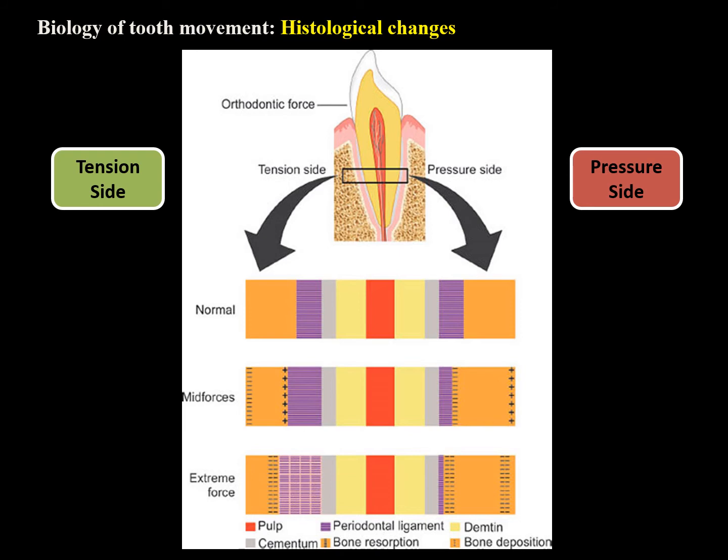With mild forces, you will see on the pressure side there is osteoclastic activity. On the tension side there is osteoblastic activity. With extreme forces, the amount of resorption and the amount of deposition is also increased, and thereby affecting certain changes to the movement of teeth.